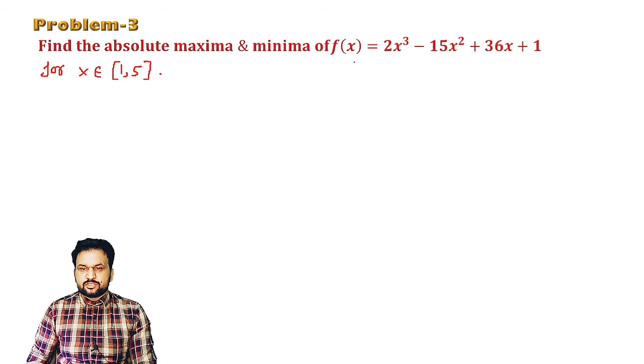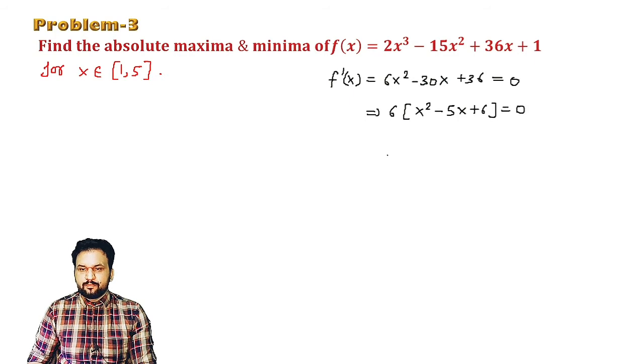The function is given to you. First of all, you need to calculate the first order derivative, which becomes 6x square minus 30x plus 36, and we set this first order derivative equal to 0. By this relation you take 6 common, and here you got x square minus 5x plus 6 equal to 0.